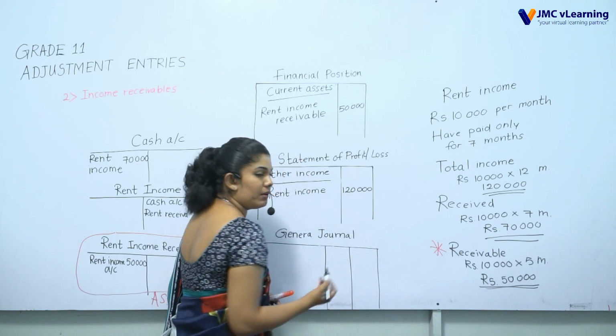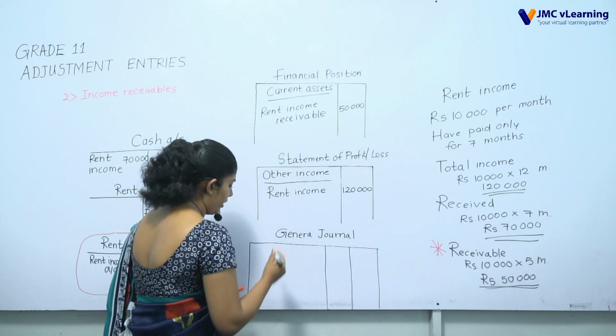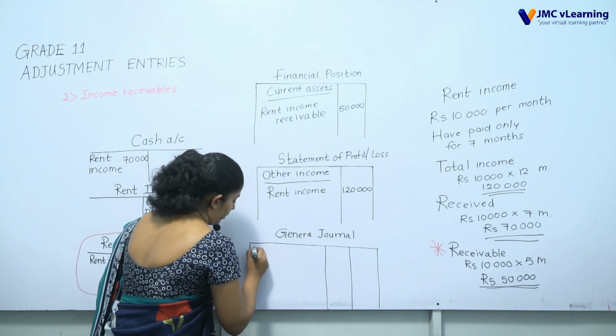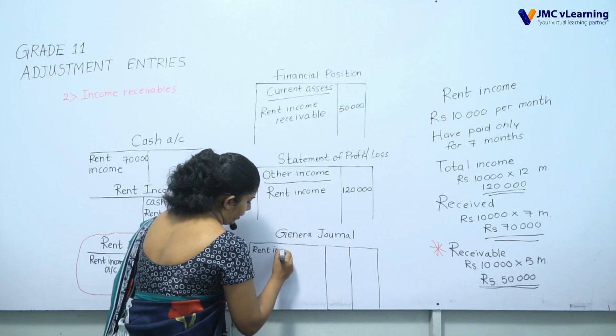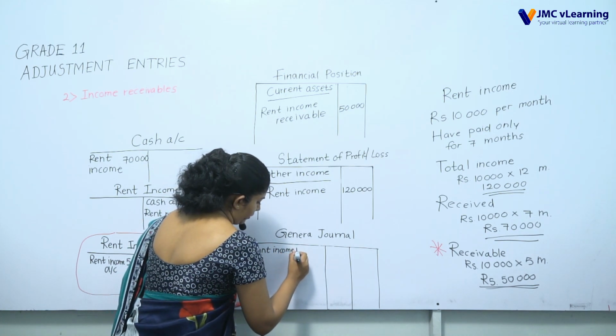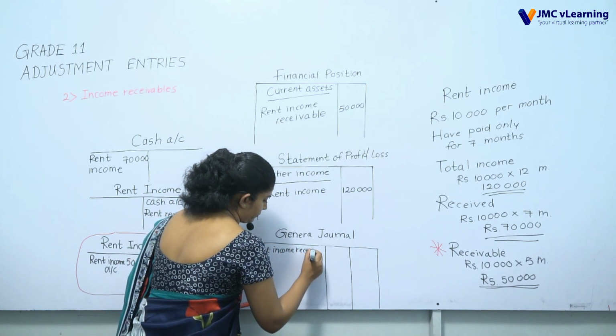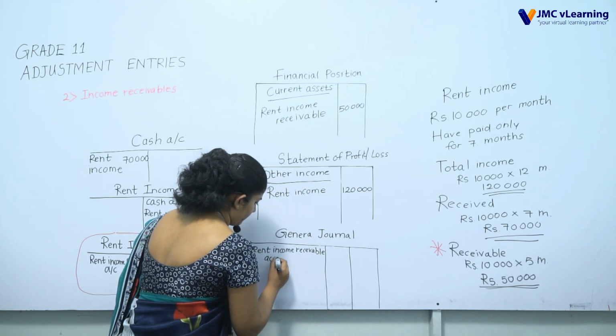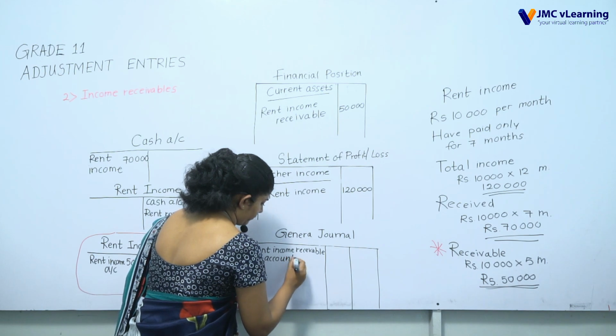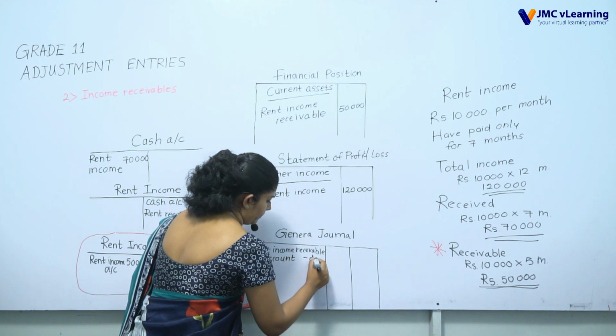The journal entry for receivable amount, only for receivable amount, is rent income receivable account debit.